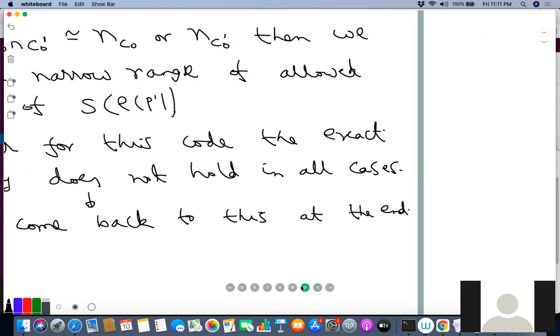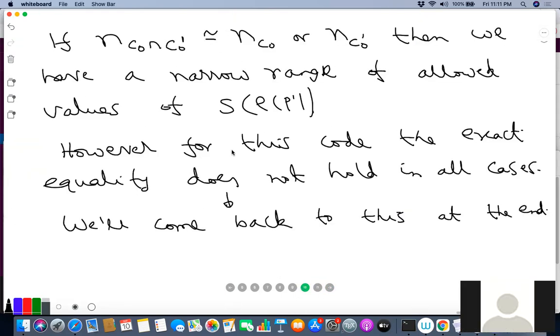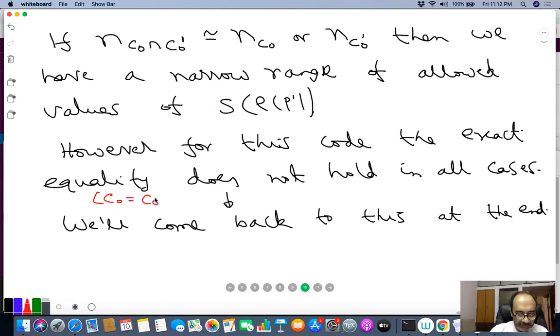Which equality do you mean here? The RT formula equality? Yeah, exactly. The equality of n of C naught intersection C naught prime and n of C naught, which means basically that C naught and C naught prime are equal. Okay, you just mean it's an approximation. Yeah, this equality does not hold.